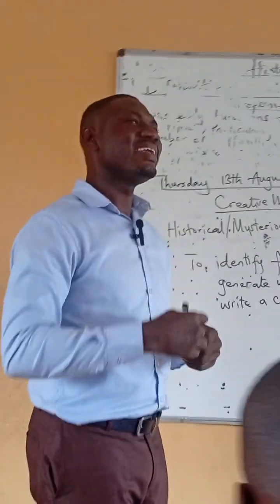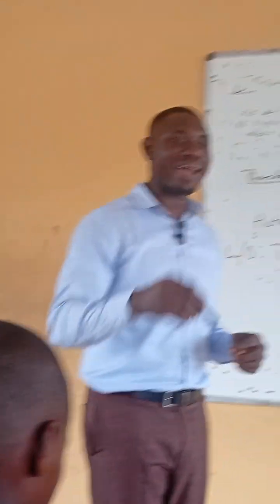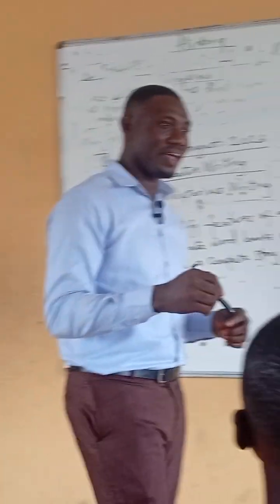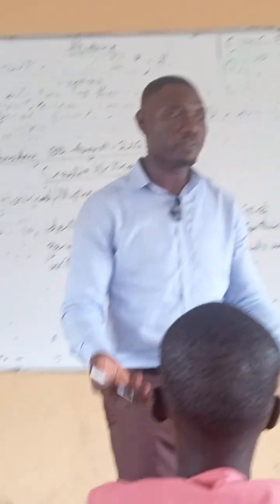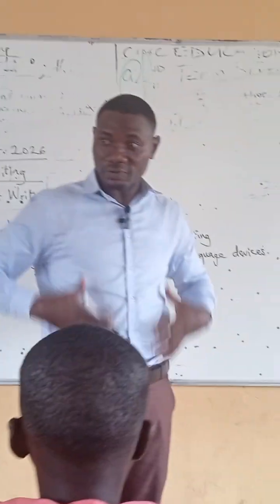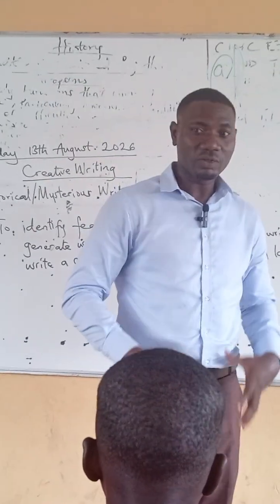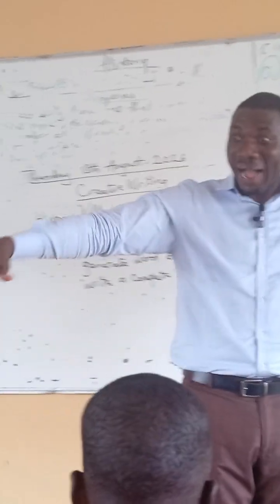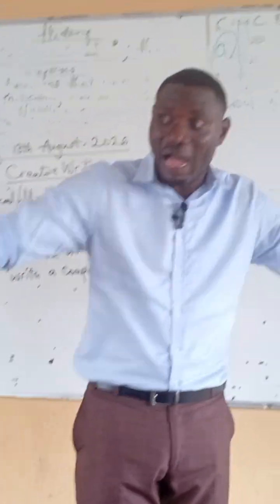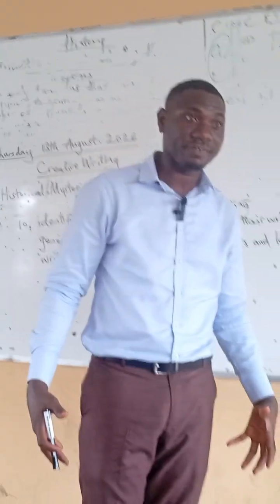Describe the character. The writer took time to describe his what? Character. Are you with me now? So when you're writing, at some point you take time to talk about the person. Exactly. At some time you take time to talk about the background, what is happening in that environment. Do you understand? Yes, sir.